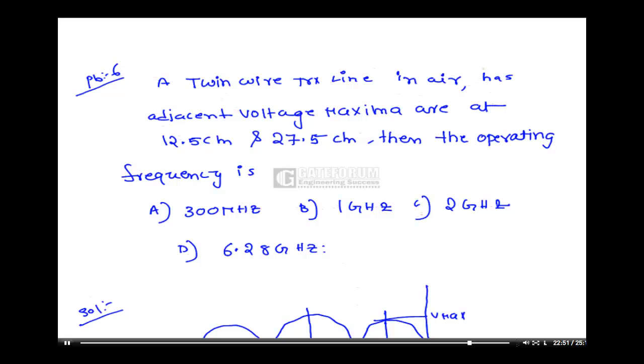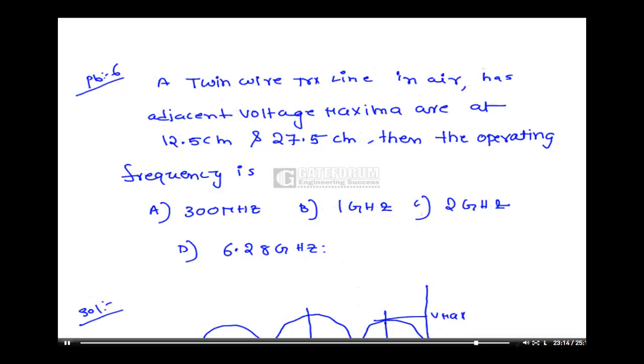So what is the conclusion we can make? The distance between maxima to minima or minima to maxima is lambda by 4. Here the properties are changing from maximum to minimum. What is the distance between maxima to maxima or minima to minima?